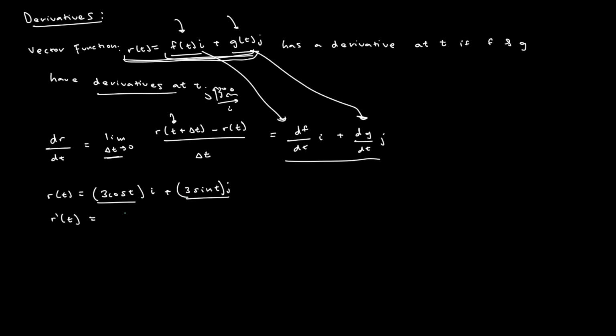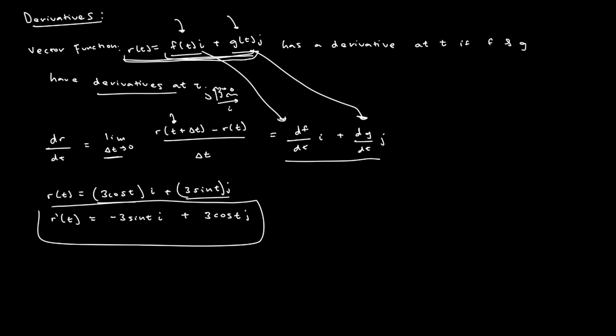The derivative of 3 cosine t is minus 3 sine t times i, and then plus 3 cosine t times j. So really not too complicated. It's just us getting used to the vector form of everything.